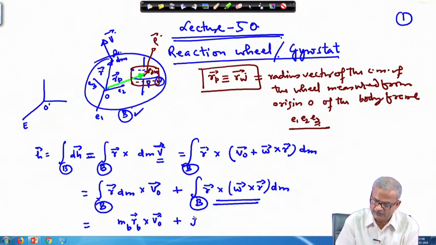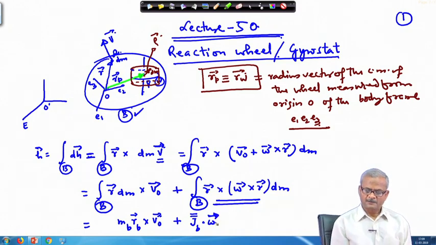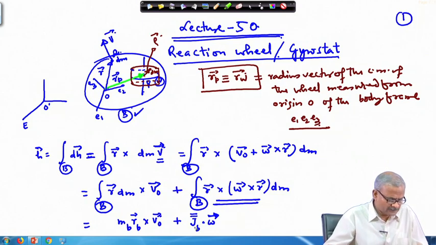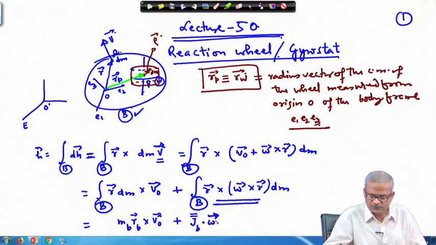Okay. So, this is the moment of inertia dyadic for the body dot omega. So, I am not expanding and working it out, because we have done it so many times that you should by now remember it.